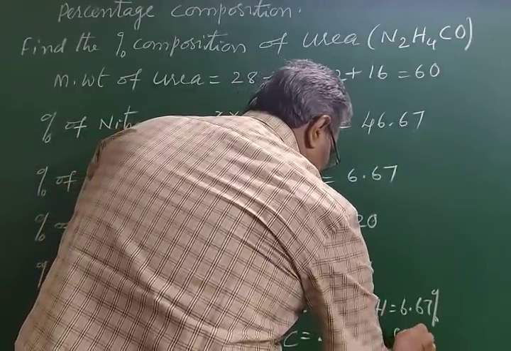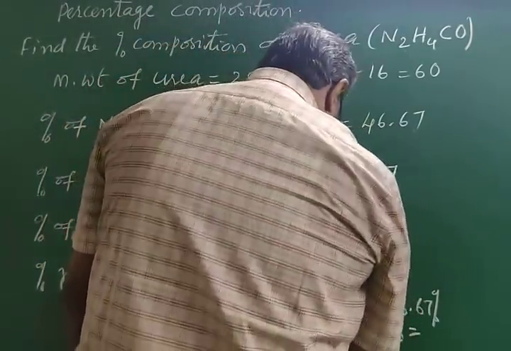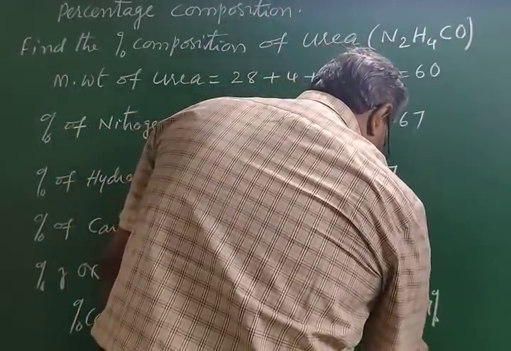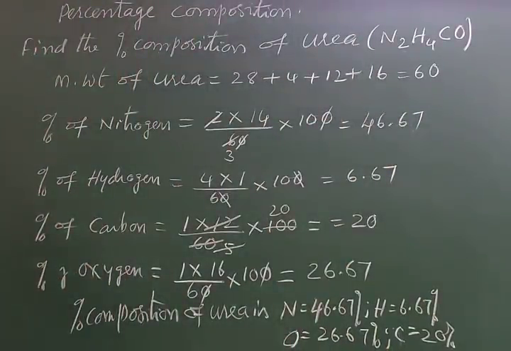Oxygen is 26.67%, and carbon is equal to 20%. This is the percentage composition of urea. What is the sum? 46.67 plus 6.67 plus 20 plus 26.67.